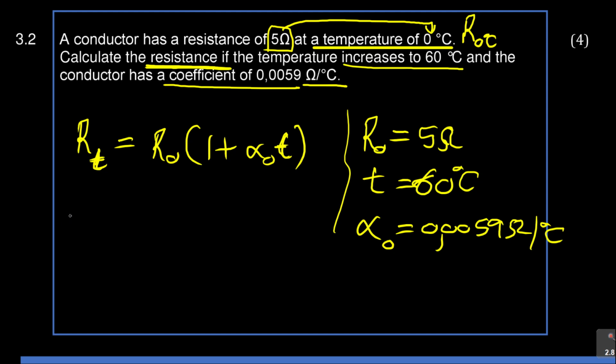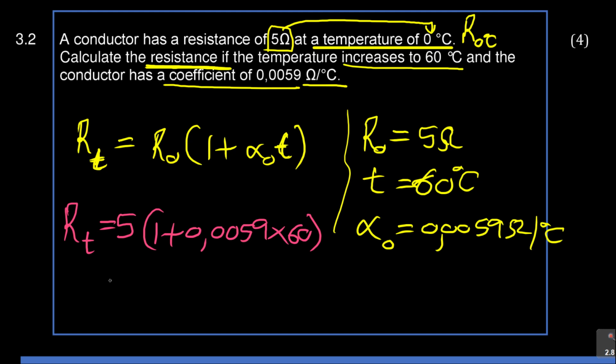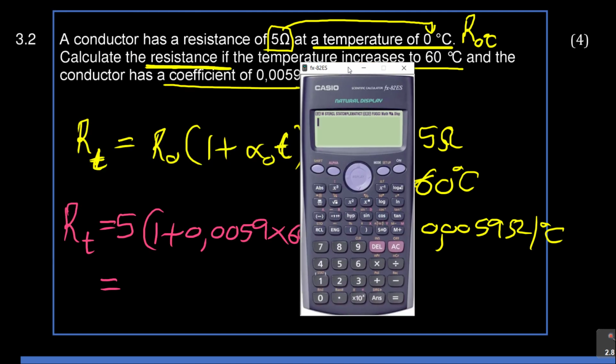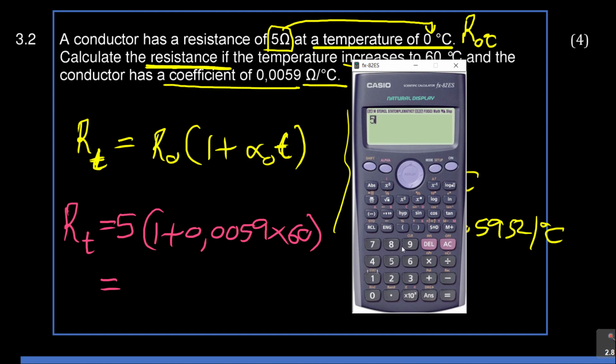So how do you apply this formula? It's simple. You just apply RT is equal to R0, which is 5, bracket 1 plus 0,0059 times 60. And then you write your final answer, and don't forget you're calculating resistance. And what is the unit of resistance? It is ohms.